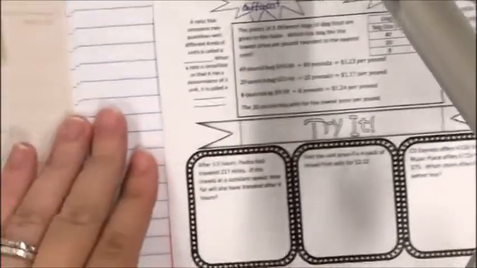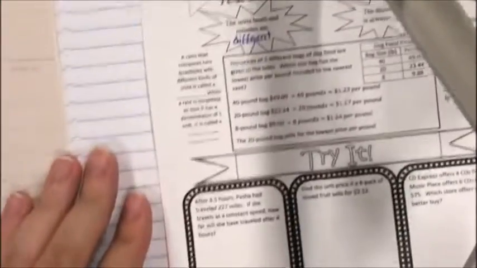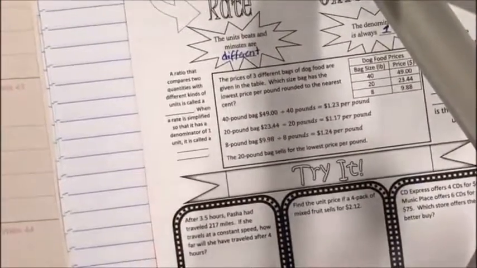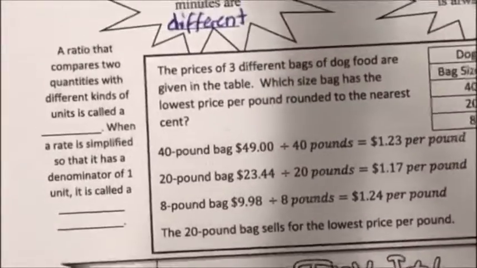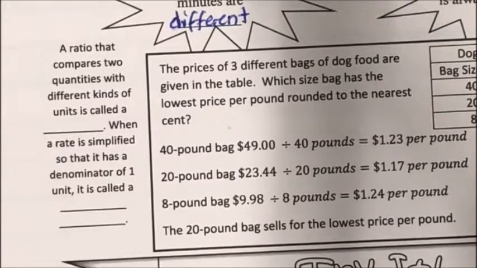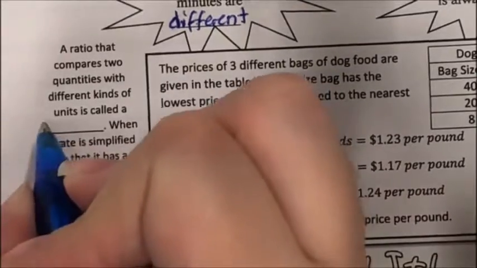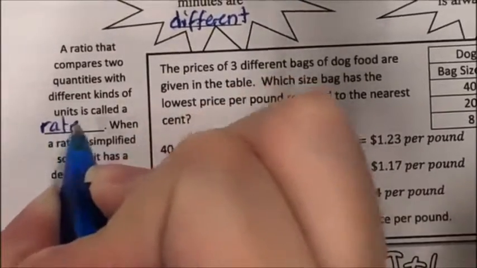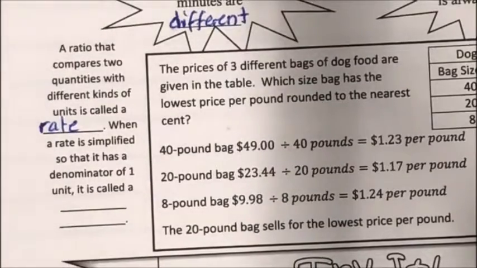So over here on this side, we have a couple different definitions. Let me zoom in to make it a little bit easier for you to see. A ratio that compares two quantities with different kinds of units is called a rate.